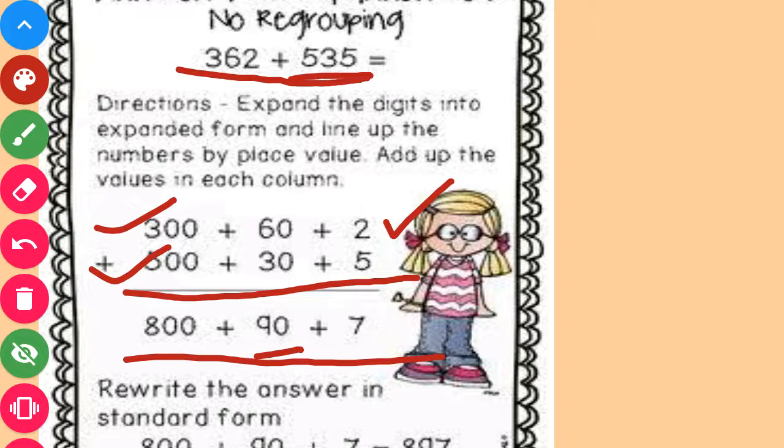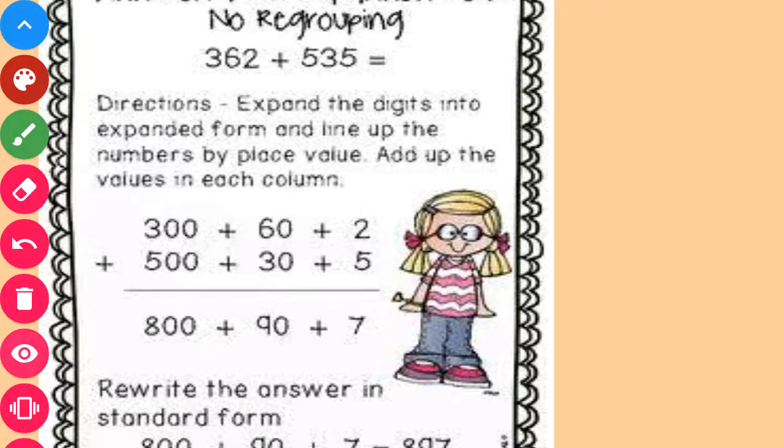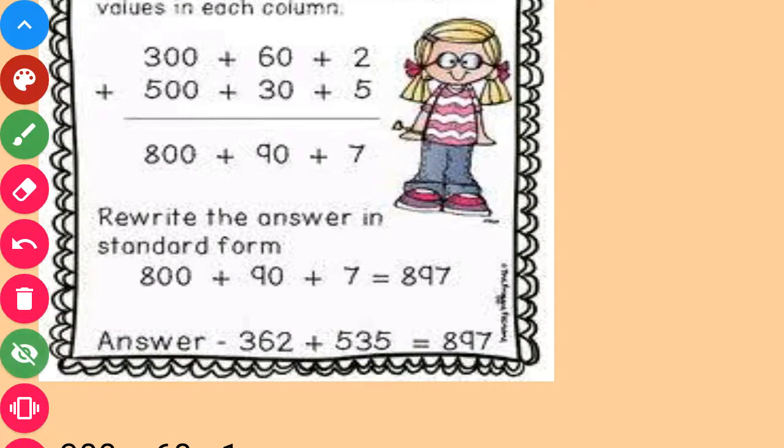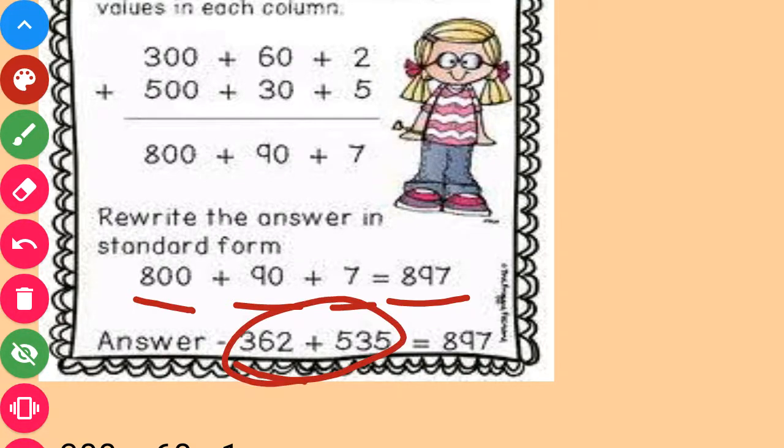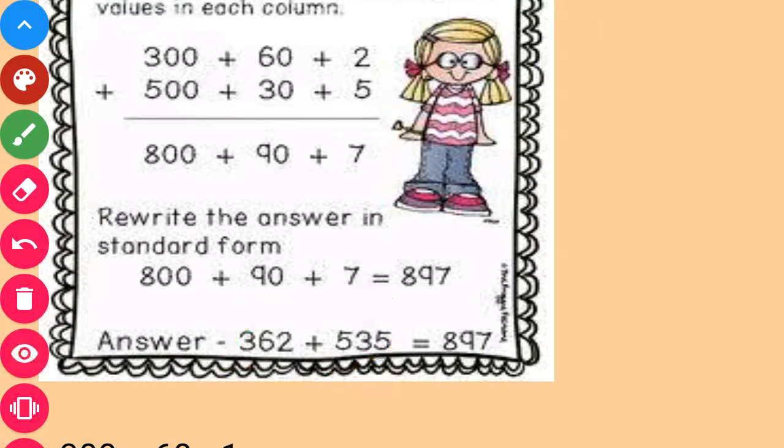And 300 plus 500 will give us 800. Okay. So what we have got? 800 plus 90 plus 7 equal to 897. Therefore, 362 plus 535 is equal to 897. Let us understand this further.